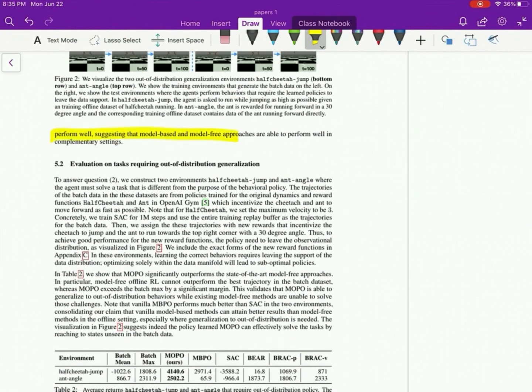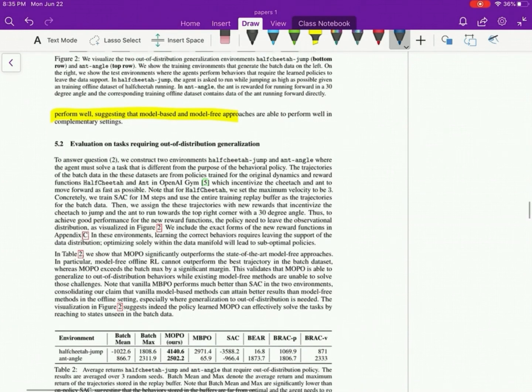So there are some improvements that can be seen in model-free algorithms as well, which is not yet seen. That is the open question here, I guess, which I asked in the abstract.